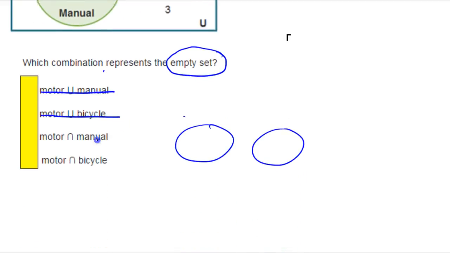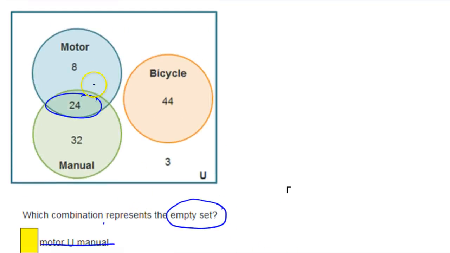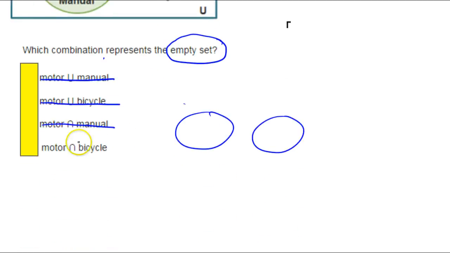It would not be the empty set. So it better be this one, motor and bicycle. You see motor and bicycle, there is no overlap between these two. So the intersection would be the empty set. They have nothing in common. So it's going to be this one.